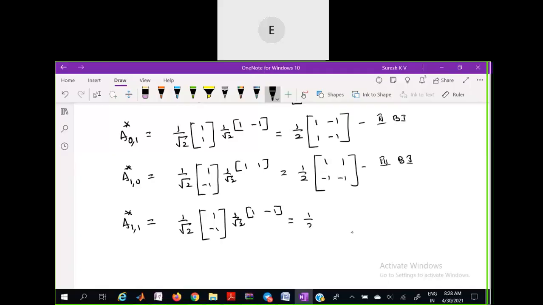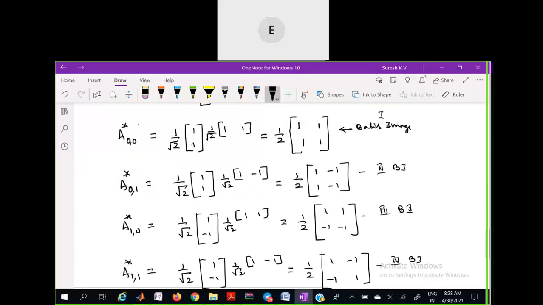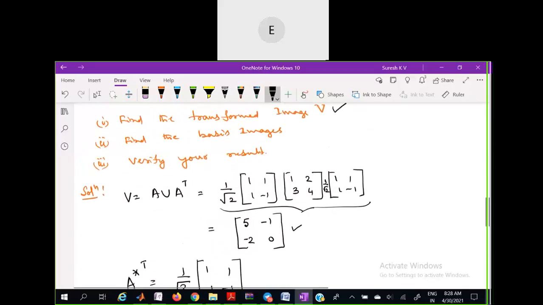You multiply them, it is half into 1 minus 1 minus 1 plus 1. This is the fourth basis image. So you have a 2 cross 2 image, so you will have 2 into 2, 4 basis images.